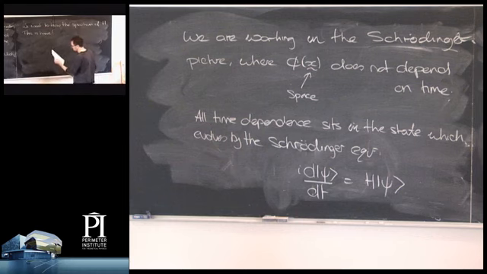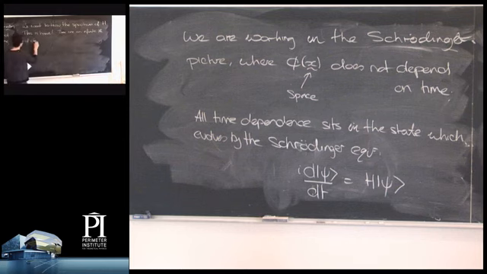It's hard because there's an infinite number of degrees of freedom, at least one for every point in space.